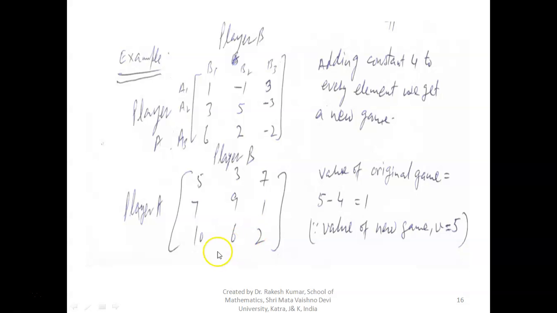So all the elements are positive now. And at the end of the solution, suppose when we solve this, we get the value of the game as 5, v as 5. So therefore the value of the original game will be 5 minus 4, the constant added, that is equal to 1.